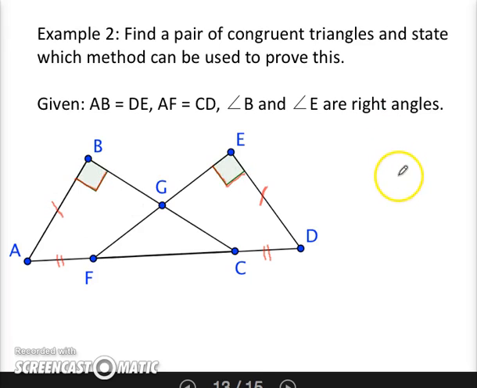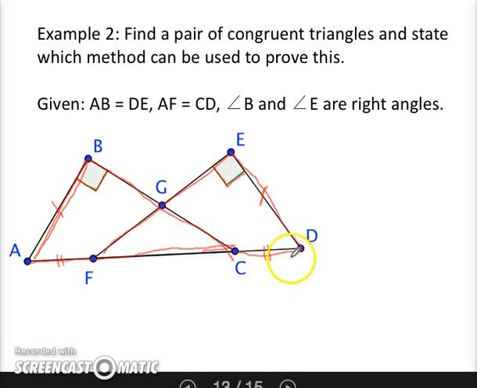So we're asked to find a pair of congruent triangles. I can see two triangles here that are right triangles, but they are overlapping, so that might be a little hard to see at first. This right triangle here goes all the way down to point C, and then there's another right triangle overlapping with that, triangle EFD.